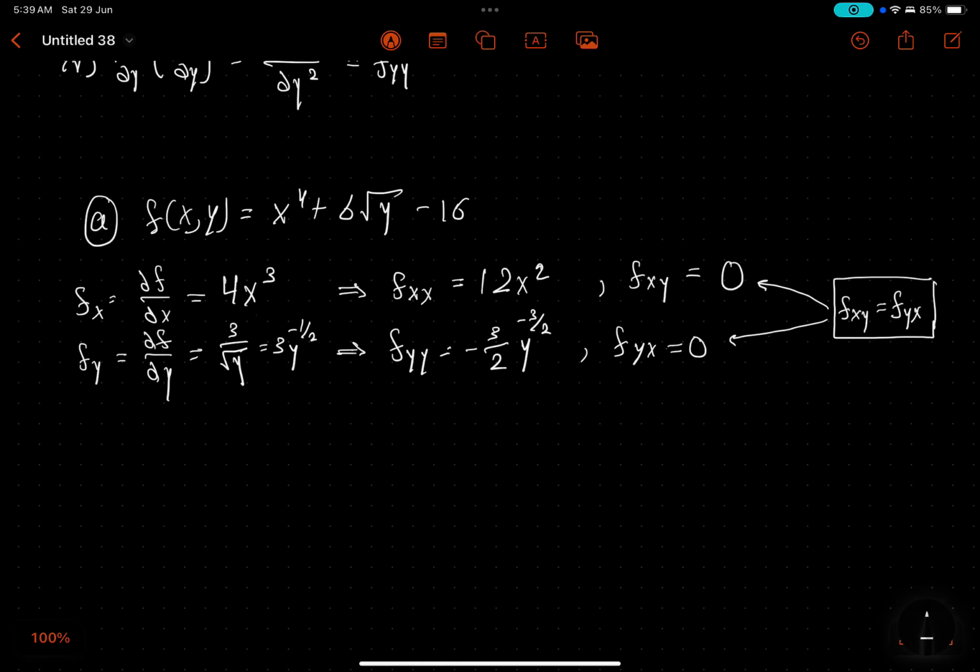So this is actually a rule, or a fact, let's call it a fact. For most f of xy, fxy is gonna equal fyx. So for most functions, fxy is gonna be equal to fyx, and that's basically a fact.